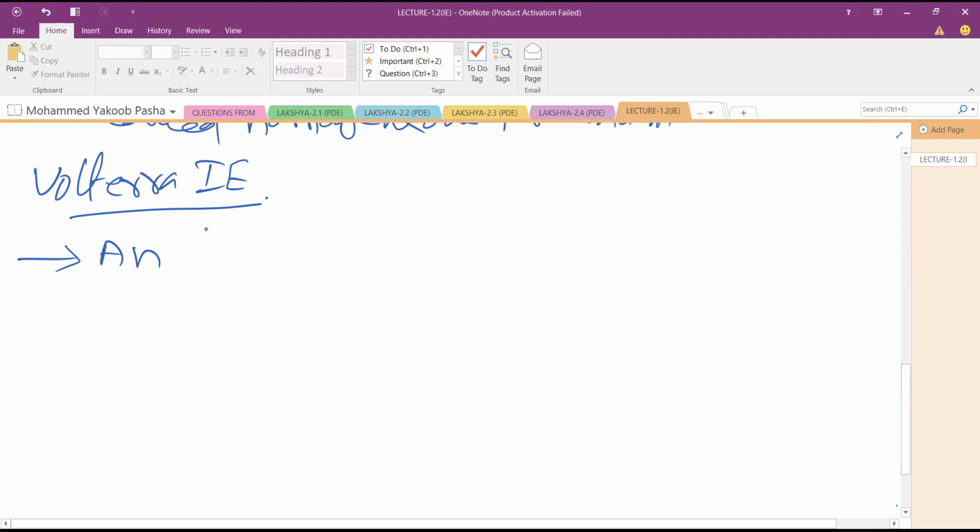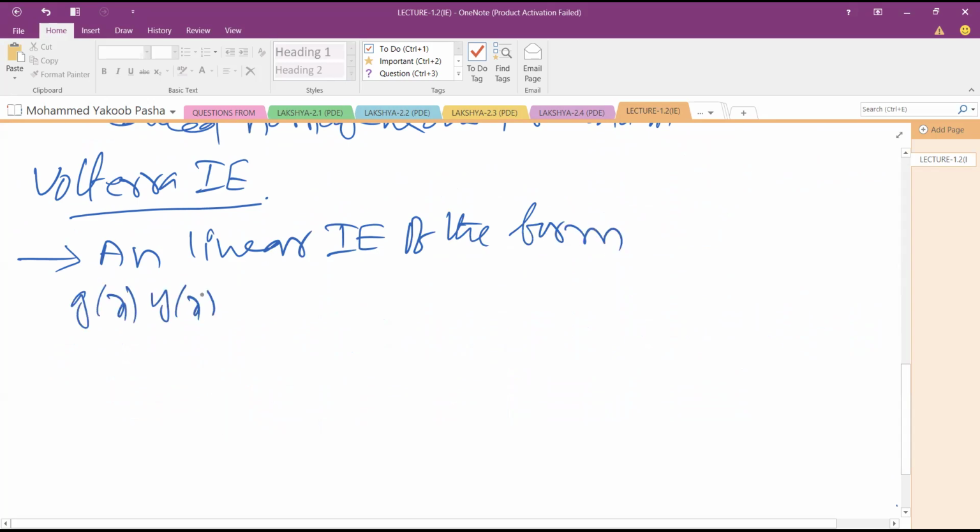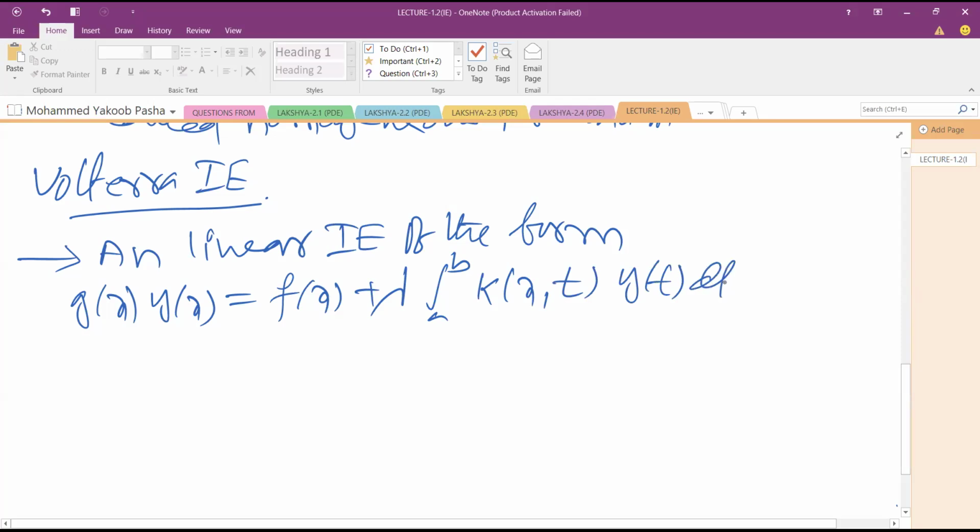A linear integral equation of the form, I'm writing the general form here: g(x) y(x) = f(x) + lambda integral a to b of k(x, t) y(t) dt, where k is the kernel and y(t) is the unknown function. This is called a Volterra integral equation.